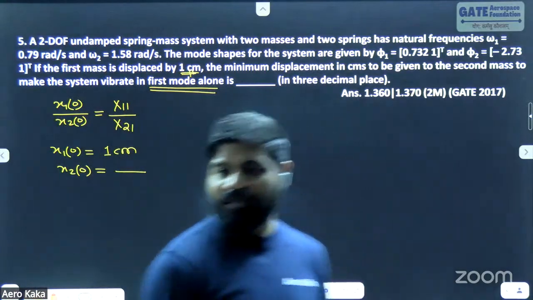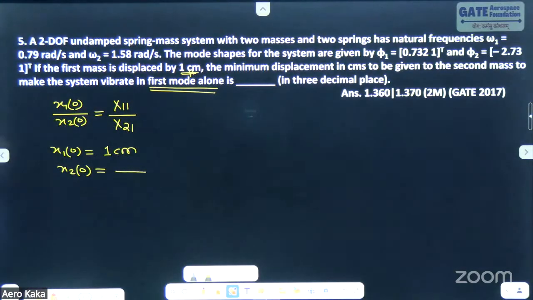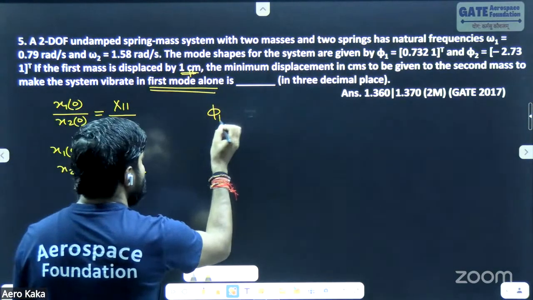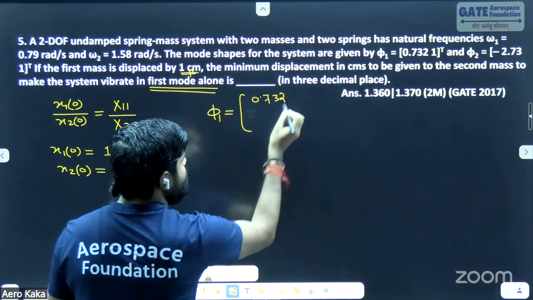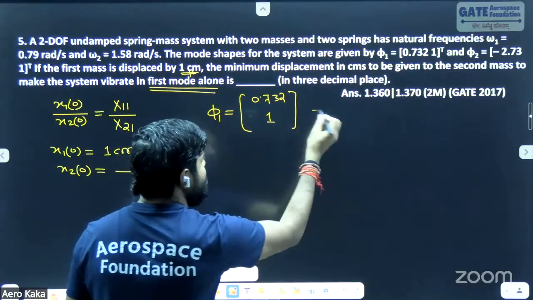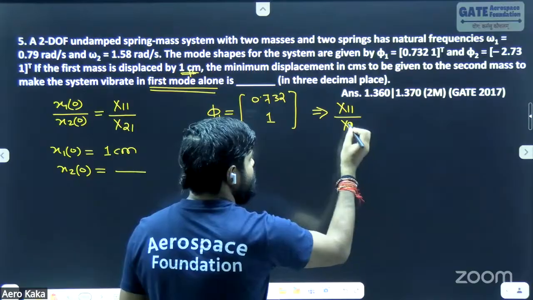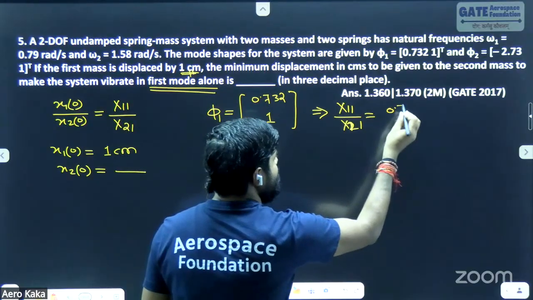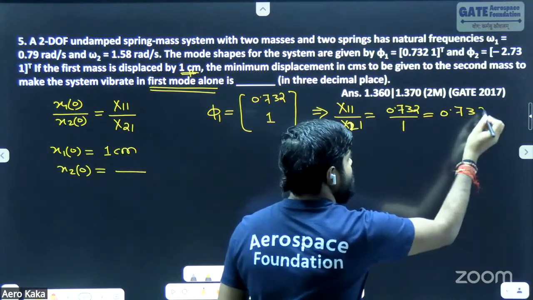I will explain at the end of the process. Now, in this case, what is the value of phi 1 given? Phi 1 is given 0.7321, right? So here you can write simply x11 upon x21 is equal to 0.732 divided by 1. That's 0.732. Done?